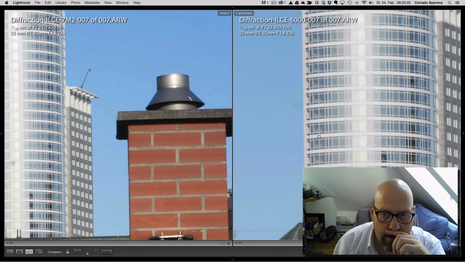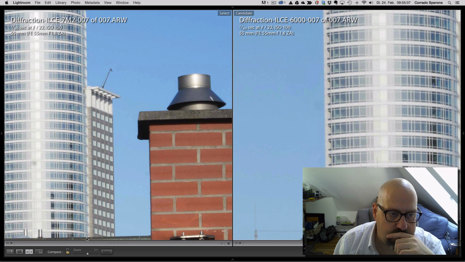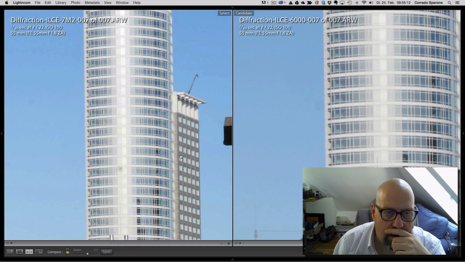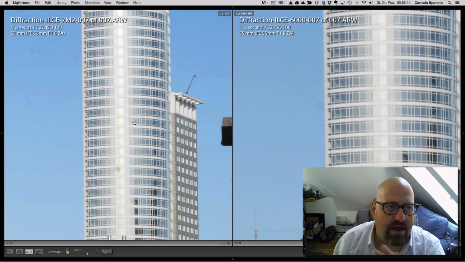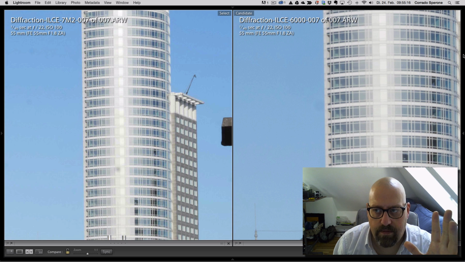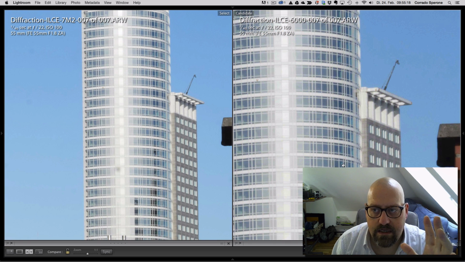Let me try and see if we can match this up in some more reliable way. Okay, you see, even in the background at f22, everything should be sharp, but if you look at the details, you see that this one is a lot sharper.